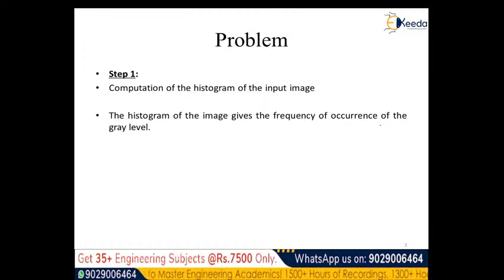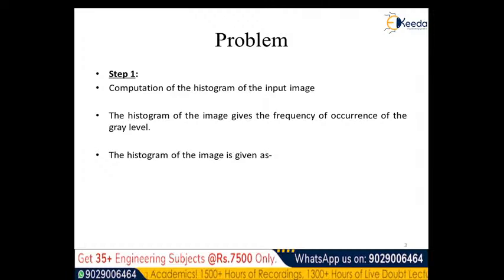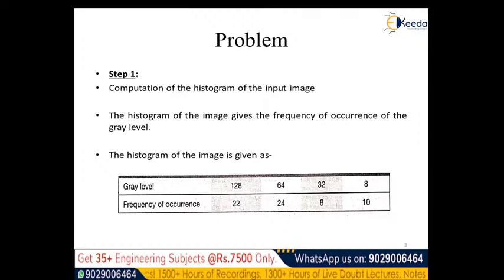The histogram of the given image can be represented with a tabulation or a graphical plot. The image plane in this problem has only 4 pixel intensities or gray levels: 128, 64, 32 and 8.